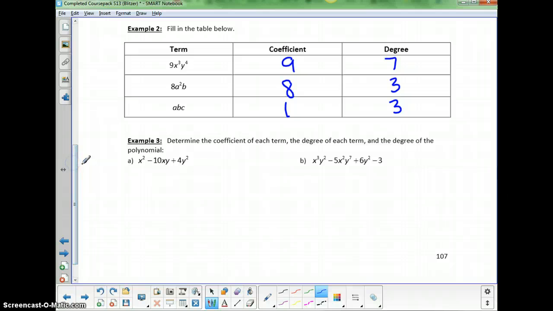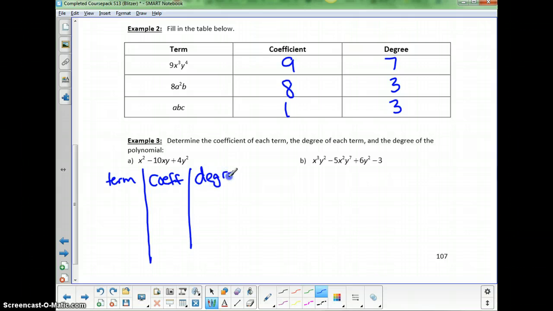Let's determine the coefficient of each term, the degree of each term, and the degree of the polynomial. Okay, so let's make a chart right here. We'll list the term, very similar to the chart above, the coefficient, and the degree. The first term is x squared. The coefficient is 1. The degree is 2.